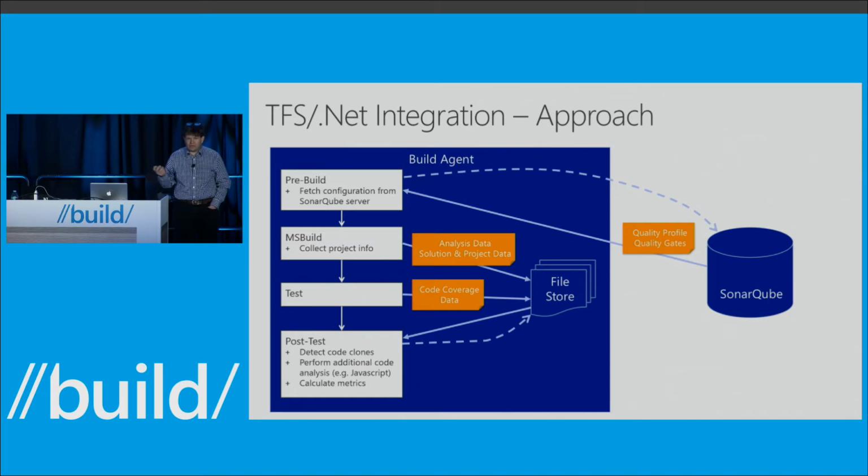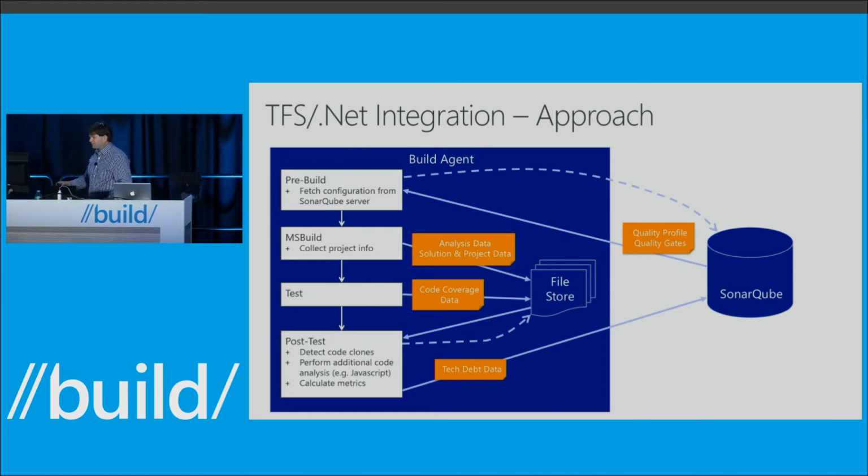It performs additional code analysis. So for example, they have a load of JavaScript code analysis rules, so we perform those. We don't have any, but Sonar does, so that performs the JavaScript analysis. And it calculates the metrics. And then when that's done, that is all sent back up to SonarQube.